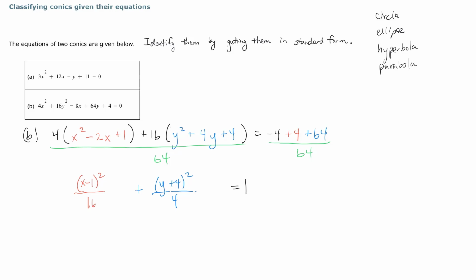And what is this a standard form for? This is an ellipse. With the major axis in the horizontal direction, right? This is an ellipse centered at 1, -4, with the major axis in the horizontal direction.